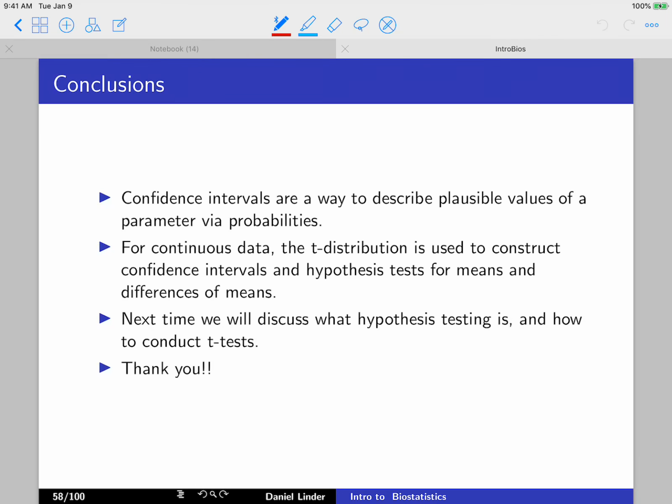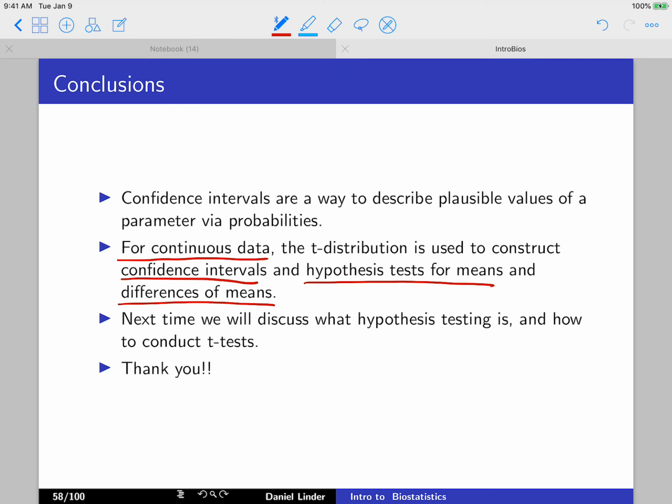For continuous data, the t-distribution is used to construct confidence intervals and do hypothesis tests to compare means. Now if your distribution is skewed, or it looks like the normality assumption could be violated, or you have outliers in your data, then we're going to talk about ways that you can still do comparisons, but you will no longer be using the t-distribution.